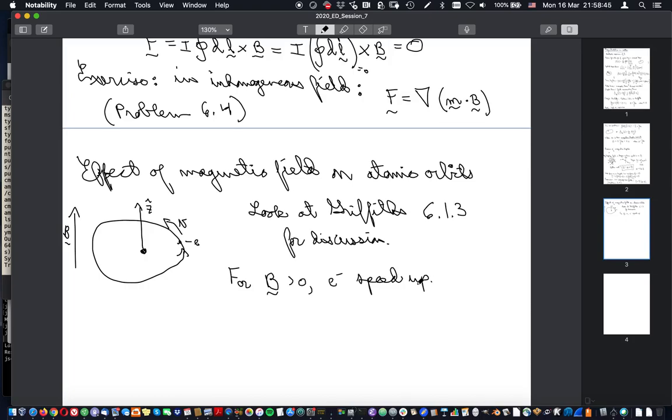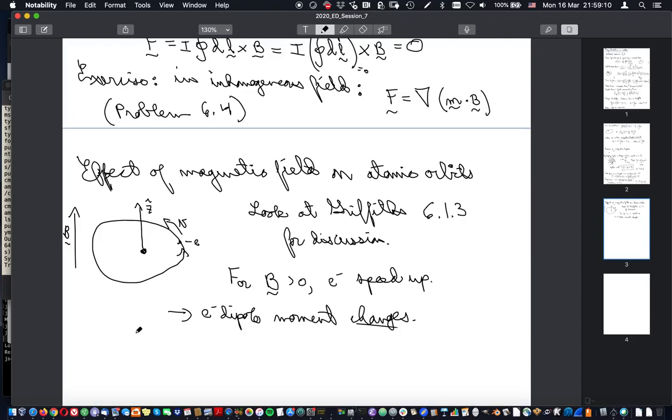So what does that mean? The electronic dipole changes. Okay, because the electrons speed up, there's an additional current that goes in there.